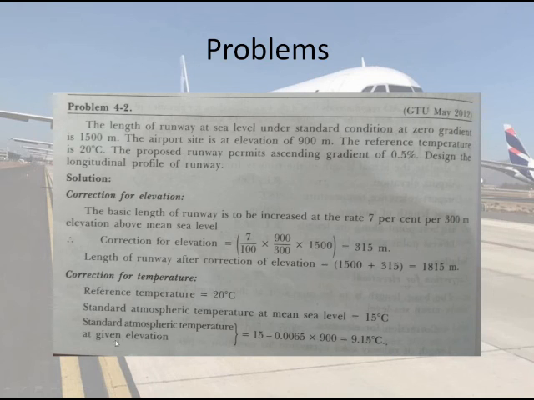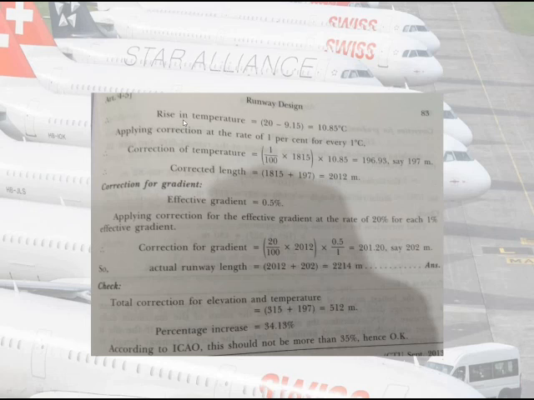Next, standard atmospheric temperature at given elevation is equal to 15 minus 0.0065 into 900, which is 9.15 degrees centigrade. So this is how we apply correction for temperature. Rise in temperature is equal to 20 minus 9.15, which is 10.85 degrees centigrade.